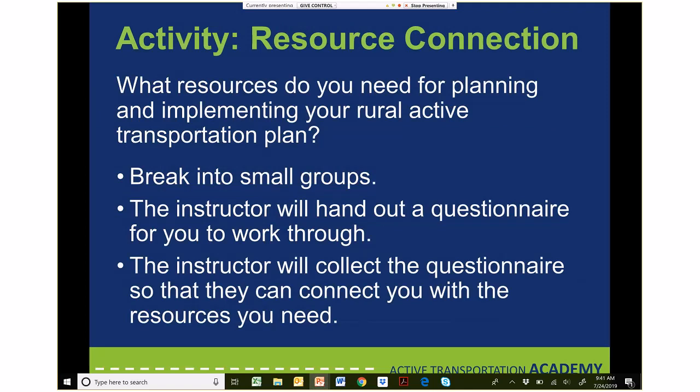So then the last activity is talking about what I just mentioned, which is, what resources do you actually need in your specific community to help you plan and implement for active transportation?